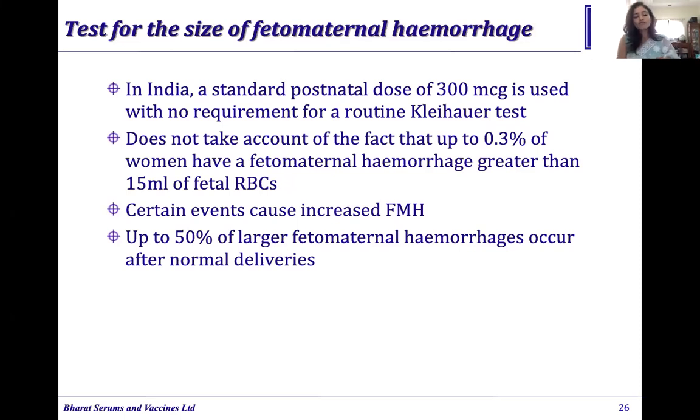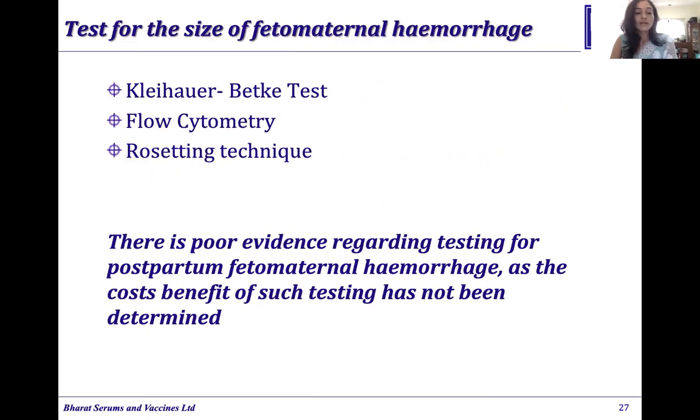Up to 50% of these larger fetal-maternal hemorrhages occur during normal deliveries. So it's not the case that cesarean section causes more fetal-maternal hemorrhage as compared to normal delivery. No, that is not true. The tests that can be done to test for fetal-maternal hemorrhage are the Kleihauer-Betke test, flow cytometry, or the rosetting technique.